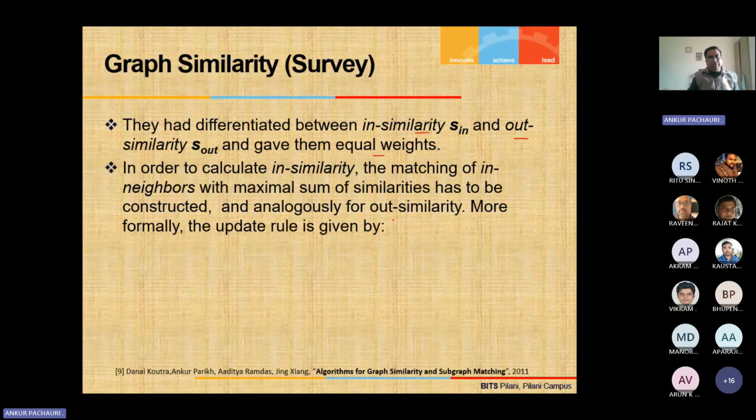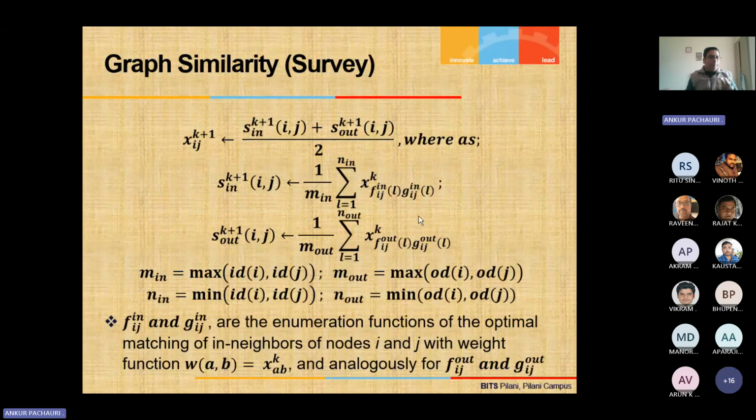Similarly, for the out-similarity, the maximum sum of similarity for outgoing neighbors is calculated. Now the update rule is a bit complex. Please do not be diverted; I'm not asking you to implement this, just have a brief idea of how it has been updated.